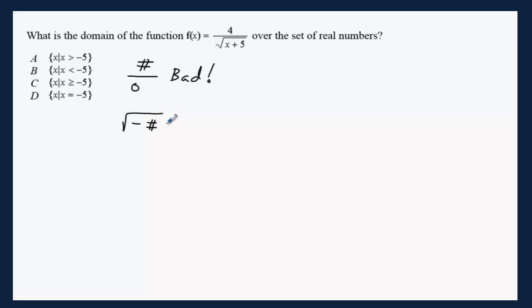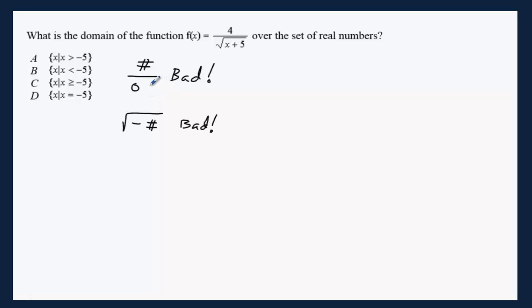That's something you're going to learn later on, but for now you're not going to have a real solution. Even if you try the square root of a negative number in the calculator, you get a non-real number. I don't want to use fancy words here, so let's just use the word bad.